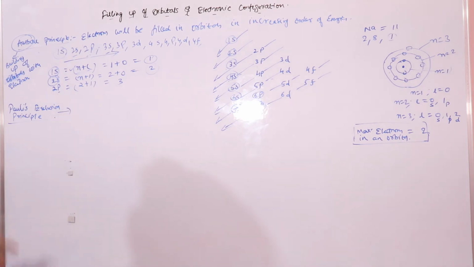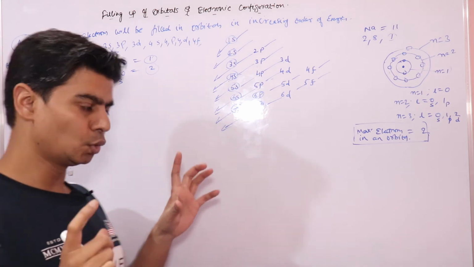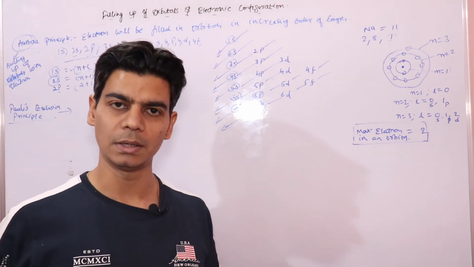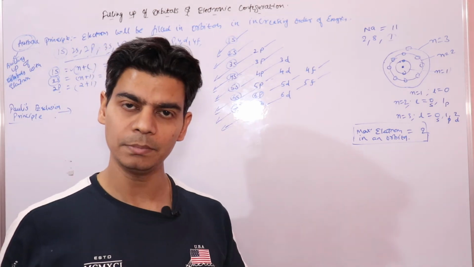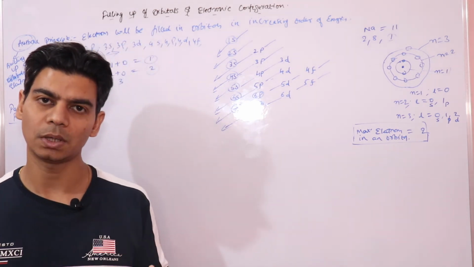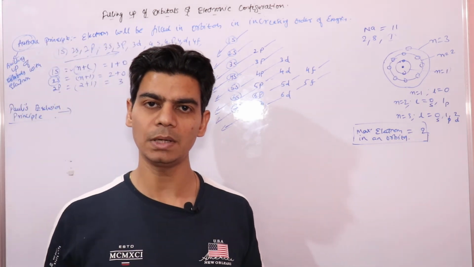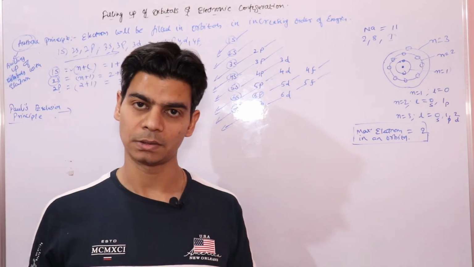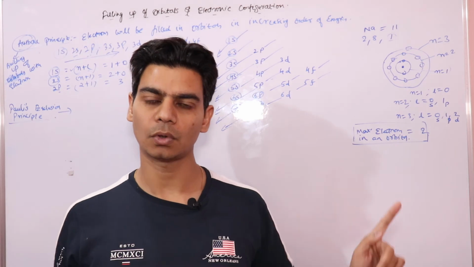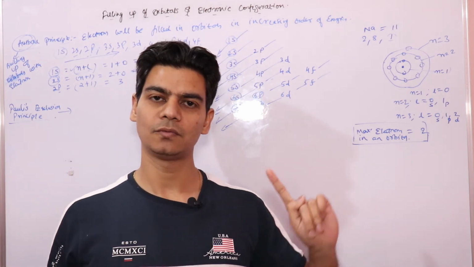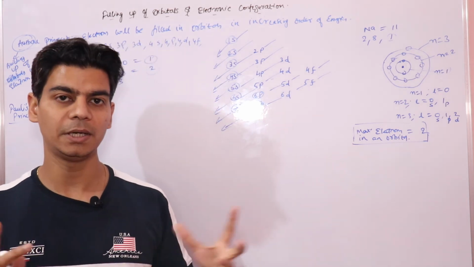the two electrons that are present in an orbital can have the same value of 3 quantum numbers, that is principal quantum number, azimuthal quantum number, and magnetic quantum number. But for these two electrons which are in the single orbital, the value of the fourth quantum number, which is your spin quantum number, would be different, right?